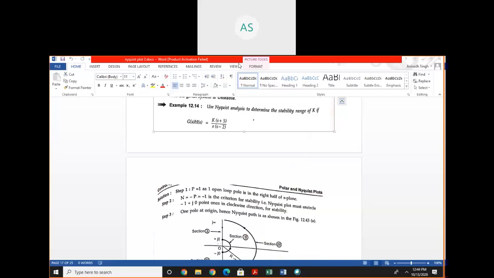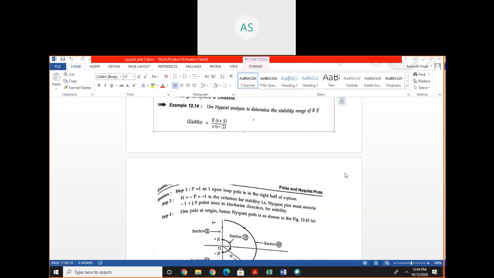Use Nyquist analysis to determine the stability and range of K, if G(s)H(s) is given by K(s plus 5) divided by s(s minus 2).